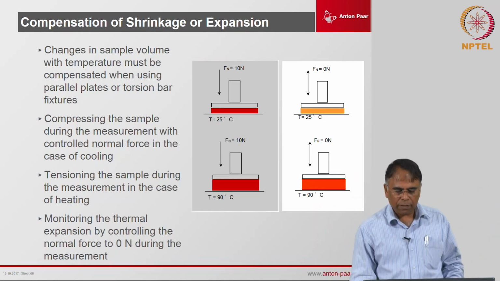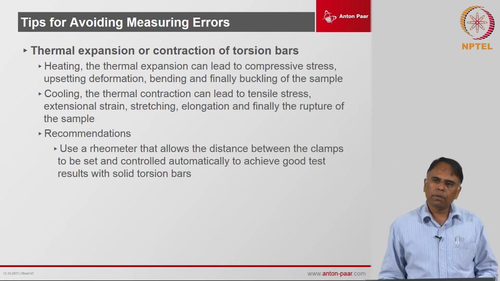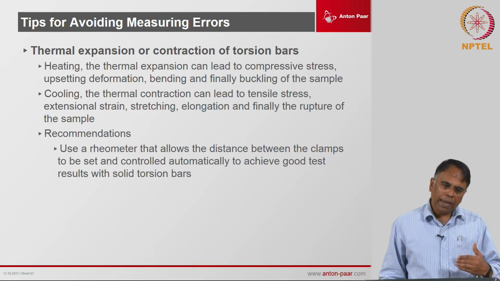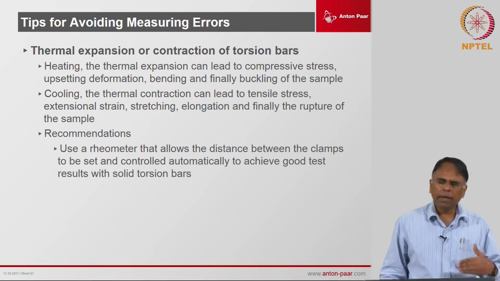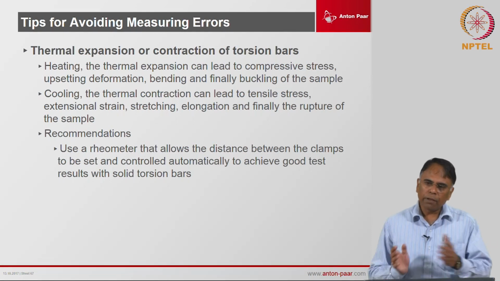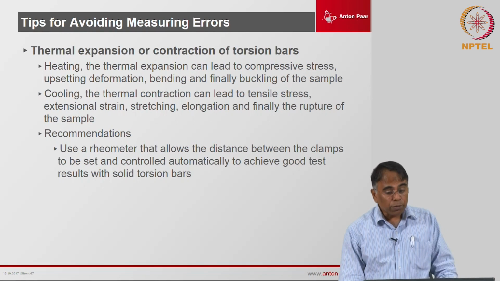So, this is a very good way to make sure that any temperature expansion or contraction is compensated, okay, by using this normal force control. Of course, this can also be used for bars.